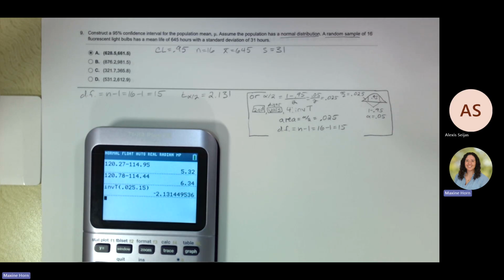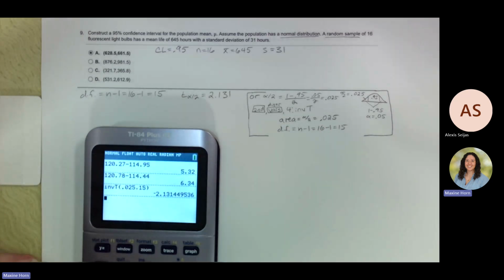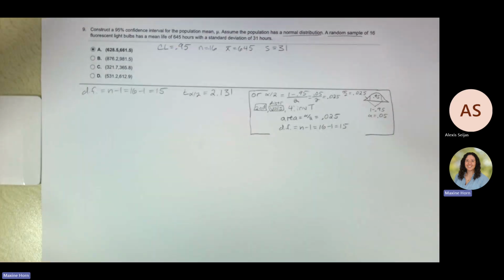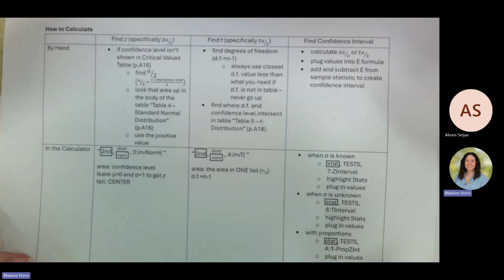But if all they wanted was the t alpha halves, then it would actually be faster to do by hand, just looking it up in the table. Either way, we've done that. We're doing it by hand.